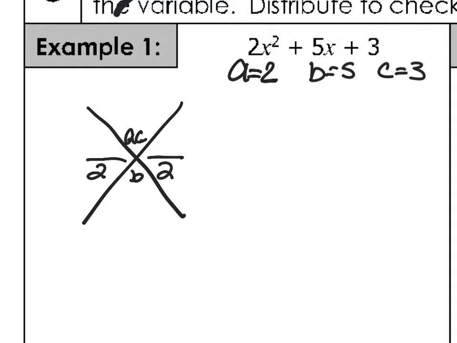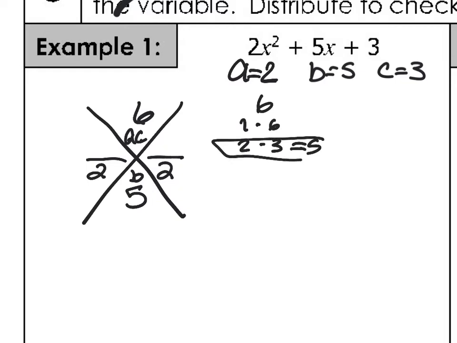And then A times C would be 2 times 3 is 6, and then B was 5. All right, so we're still going to look at the factors of 6, 1 times 6 and 2 times 3. The factors of 6 that add up to 5, so that's going to be 2 and 3, right? All right, so we're doing the same thing we've been doing.